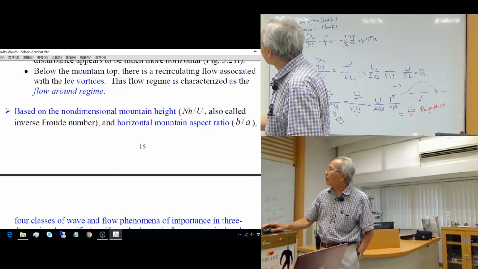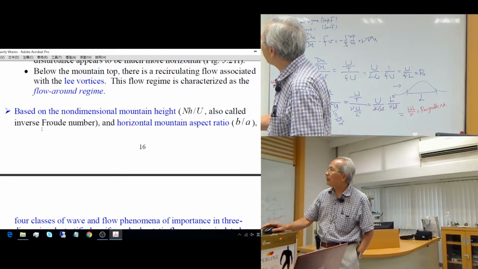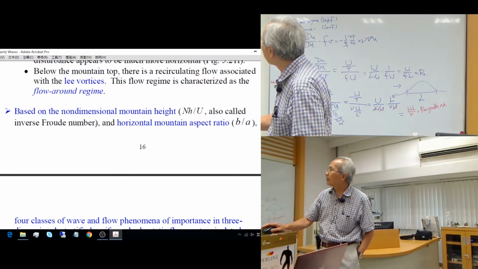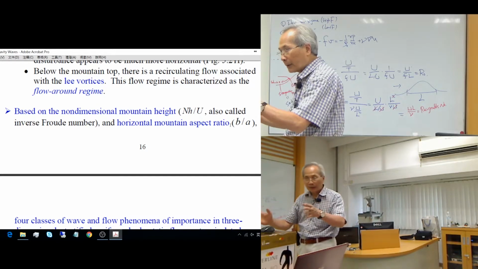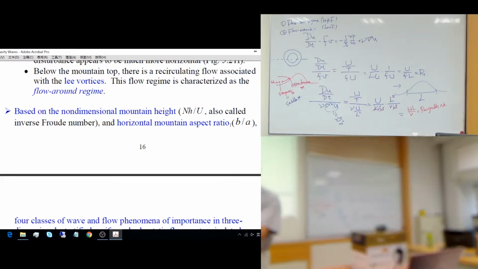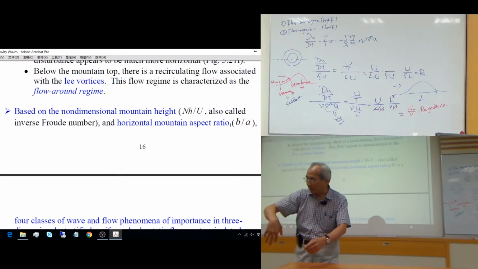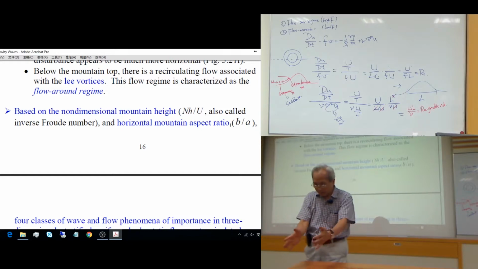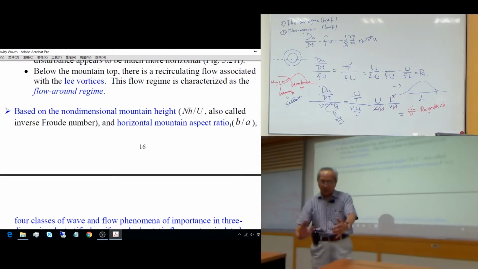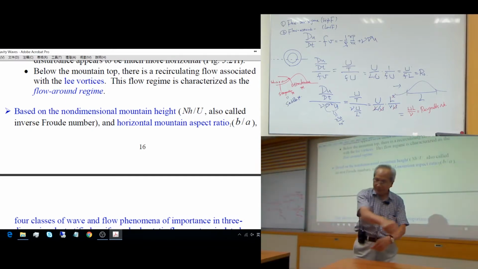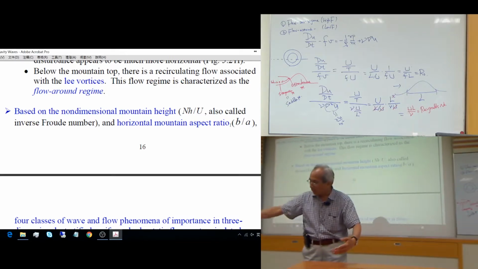Based on the non-dimensional mountain height, NH over U, also called the inverse Froude number, and the horizontal mountain aspect ratio, B over A, your parameters, sometimes your mountain is not necessarily round. It could be wider, perpendicular to the flow, or slender in the flow direction.